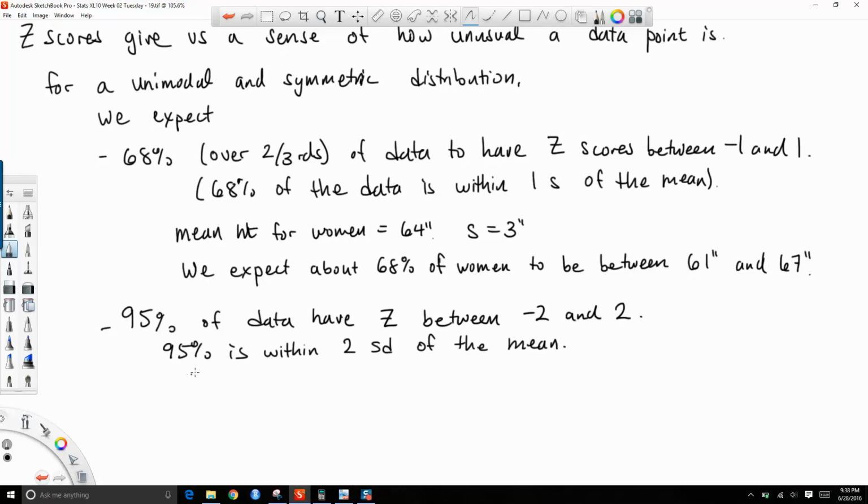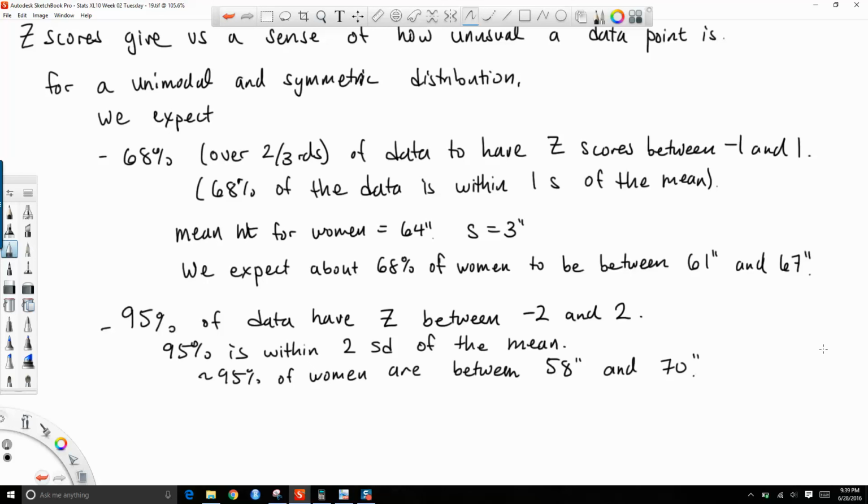So about 95% of women are between 58 inches, so that's 4'10", and 70 inches, 5'10". That's for women, about 95% are between 4'10" and 5'10".